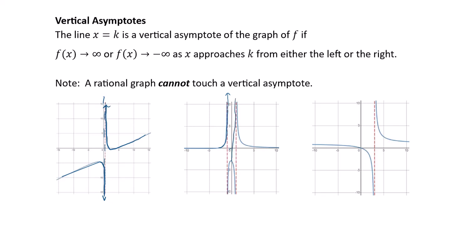Same with this. And on our third graph, let's say maybe this is the value 3. As x is approaching the value of 3, y is approaching negative infinity from the left and positive infinity from the right. These are all vertical asymptotes.